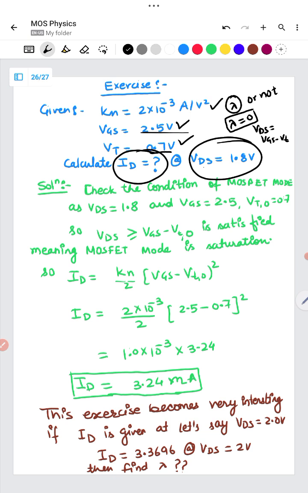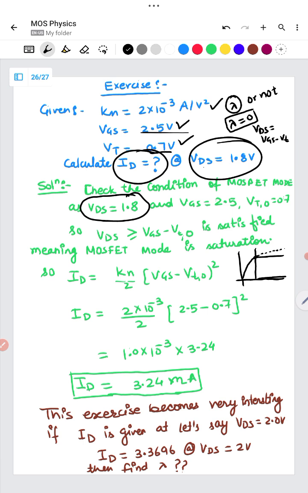It is 2.5 minus 0.7, that means exactly 1.8. So VDS is also 1.8. That means we are talking about the condition VDS equal to VGS minus VT. And remember, at VGS minus VT there is no lambda effect. Lambda effect is always there at some higher VDS value.